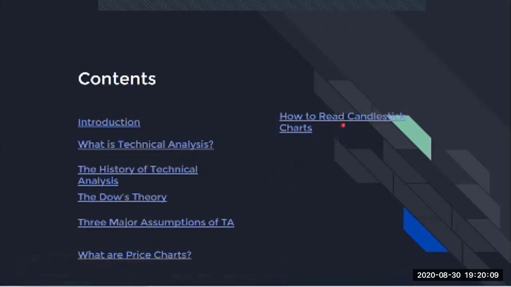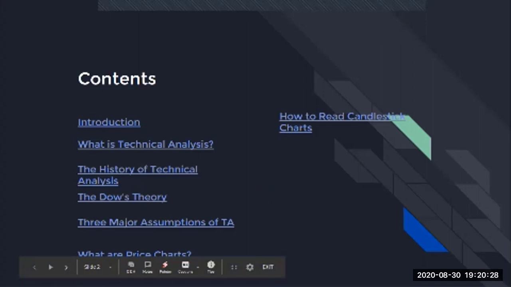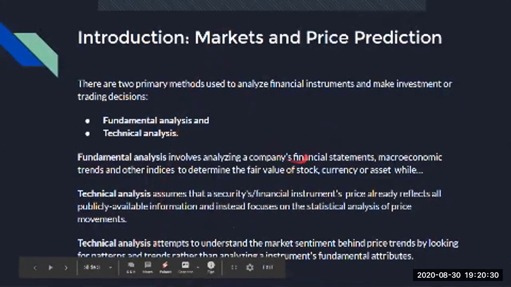We'll also show some live charts to really get you into the basics you need to know. Okay, let's quickly move on from that.